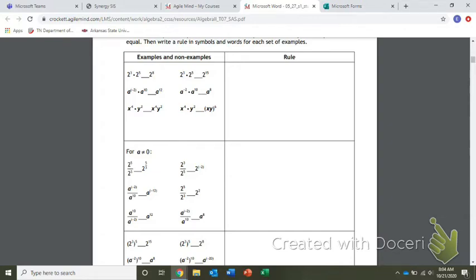So on this first one, what do you notice the sign is in all of the examples on the left? It's a multiplication sign, right? So over on our rule side, we're going to write multiplication rule.